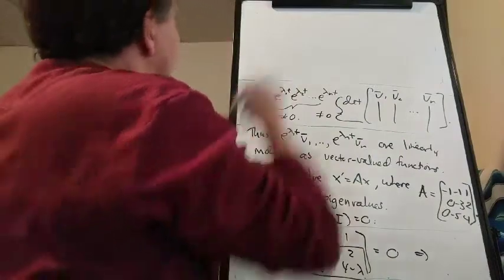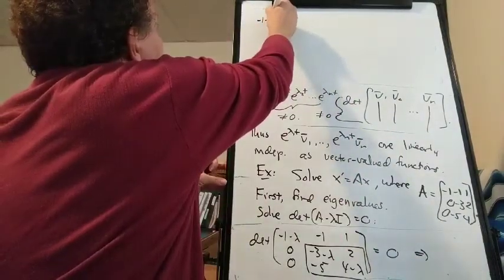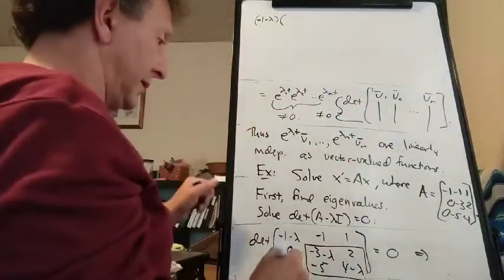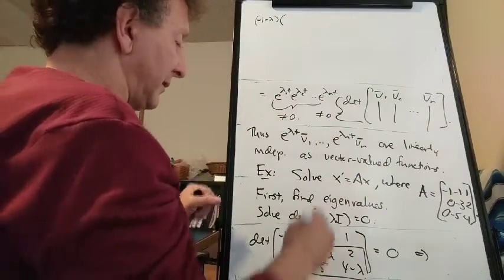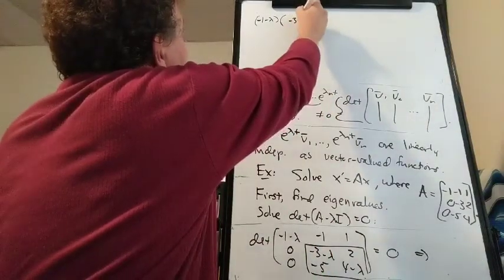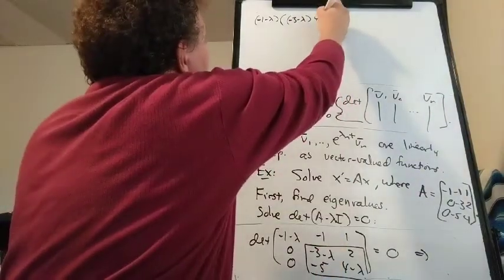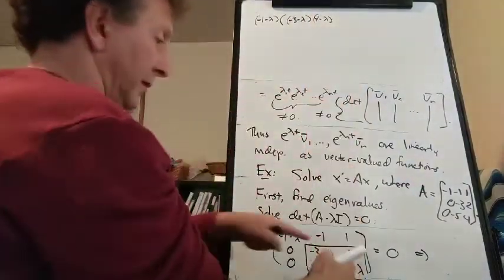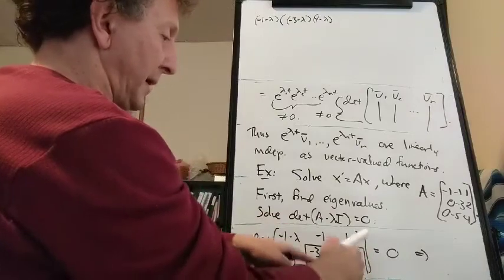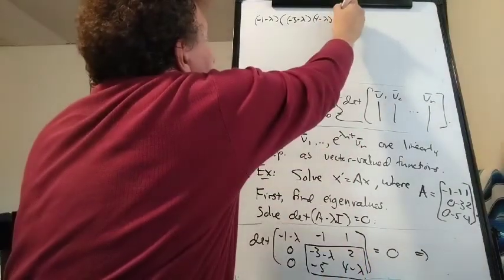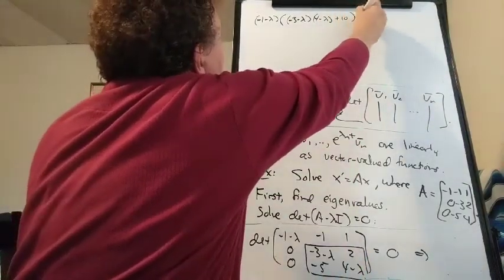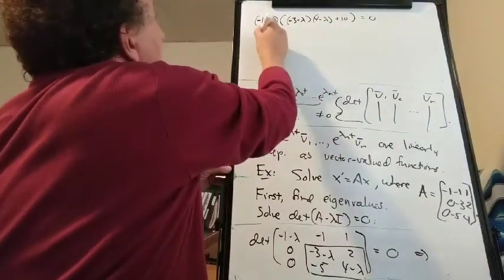So that means that (-1 minus lambda) times (-3 minus lambda) times (4 minus lambda). So this product minus that product, minus -10 equals 0.